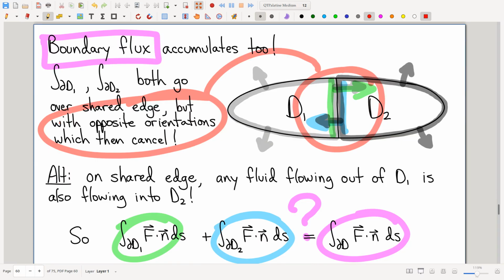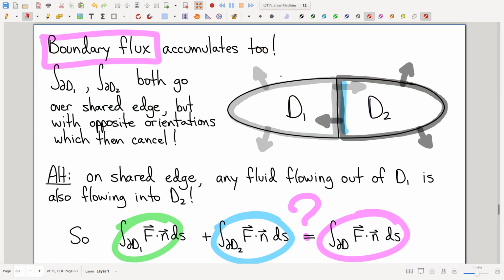But very, very analogous. And by the way, we're going to keep noticing this pattern. It's going to continue with several other theorems that we're going to talk about as we continue through chapters 6 and 7. So our problem goes away. There is no problem, and boundary flux is an accumulating quantity. Everybody happy with that? Okay.